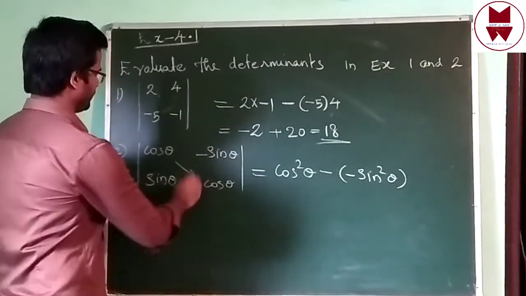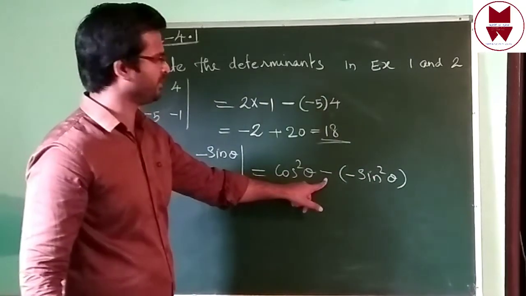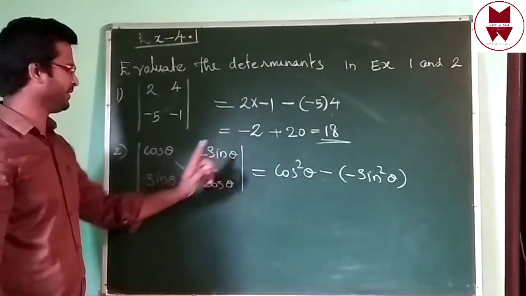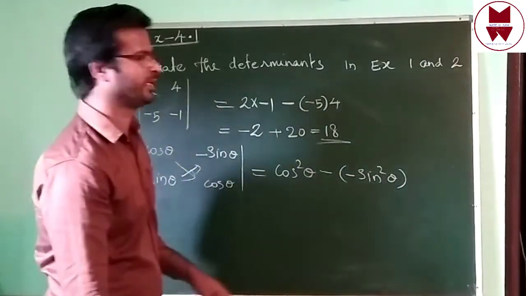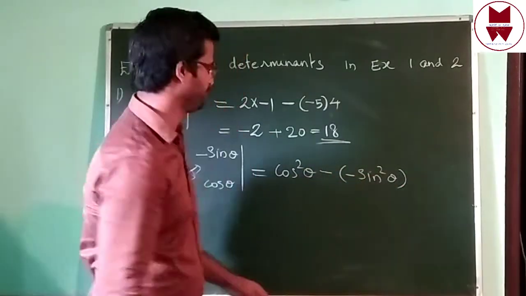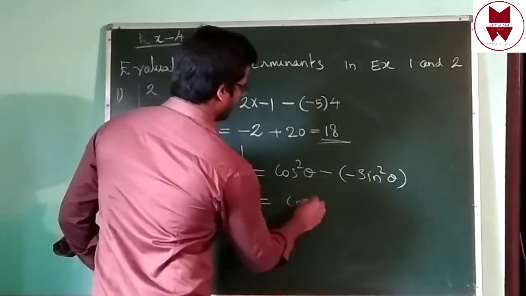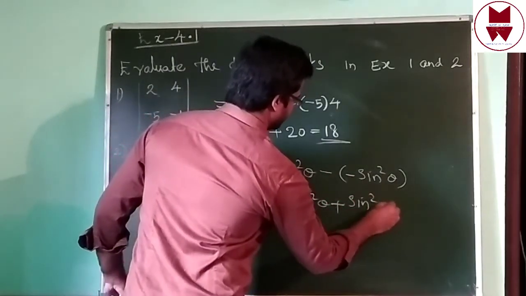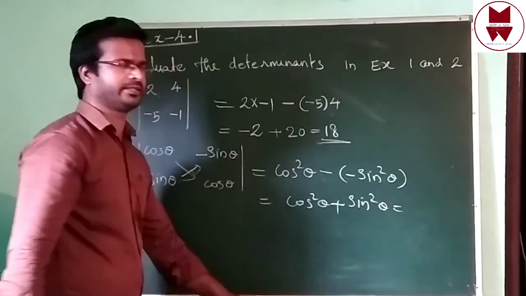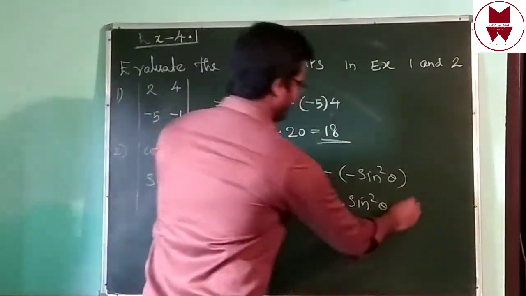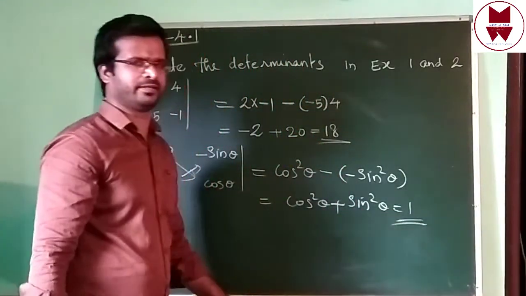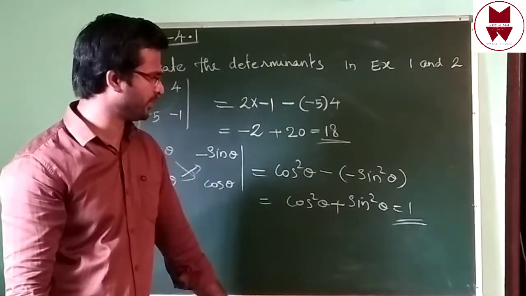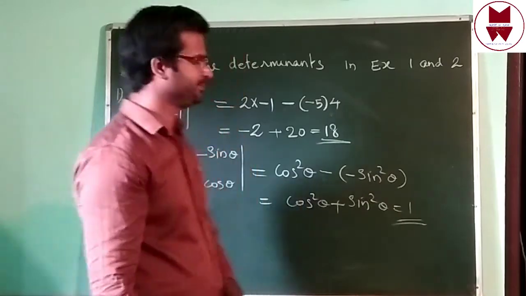Minus sin into minus sin, minus sin square theta. So cos square theta minus minus, plus sin square theta equal to, what is cos square theta plus sin square theta? That will be 1. Common formula, isn't it? In class 10 you have studied that formula: sin square theta plus cos square theta is 1.